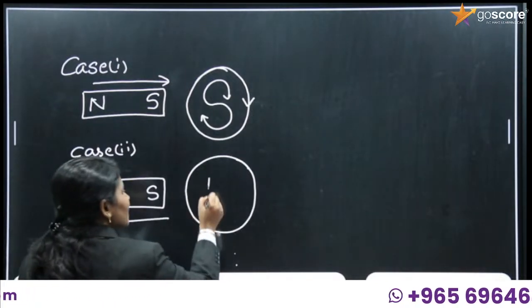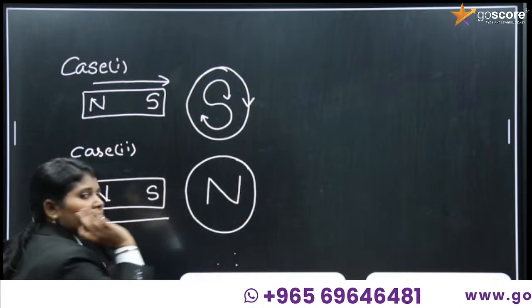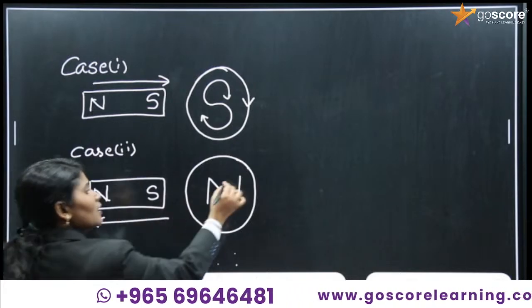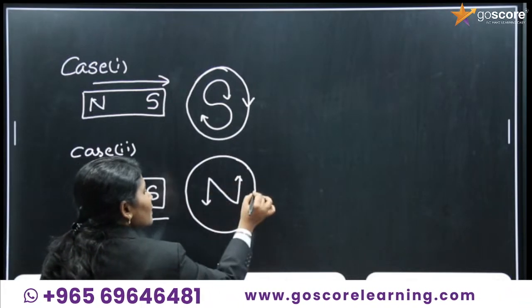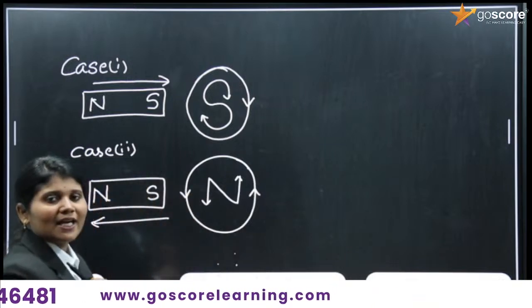Attract means which pole is happening here? North pole. Here the south pole is there, that's why a north pole is being induced. What is the direction for the north pole? Anti-clockwise direction.